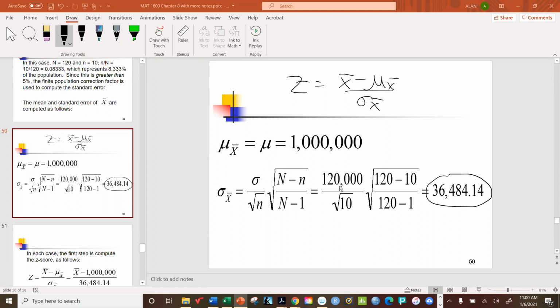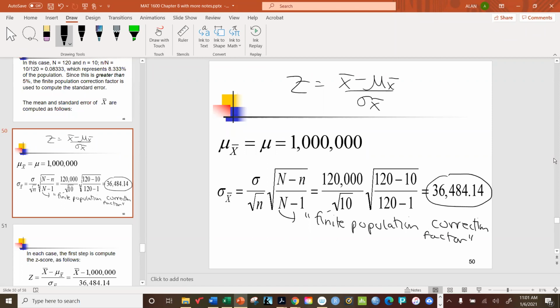And then this piece, the so-called finite population correction factor, is needed when we have a large sample, which we did. If you recall, we discovered that the sample size here is about 8.3% of the population size. So that means it's a large sample, and we must include this finite population correction factor.